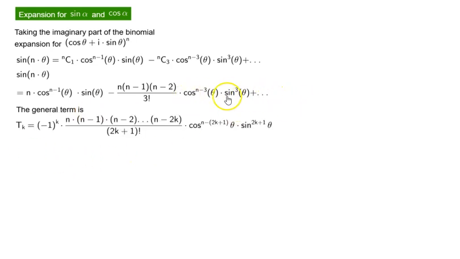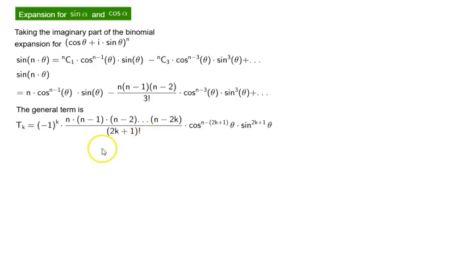The general term would be t sub k is equal to, the signs are alternating, so minus 1 to the power of k times n times (n minus 1) times (n minus 2) times dot dot times (n minus 2k) divided by (2k plus 1) factorial times cos to the power of n minus (2k plus 1) theta times sine to the power of 2k plus 1 theta.